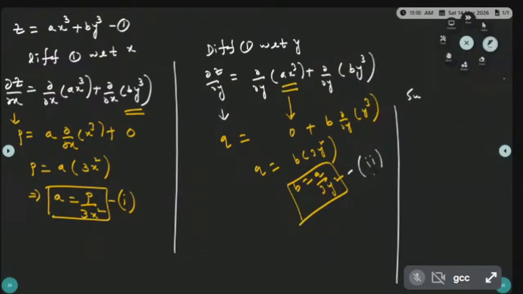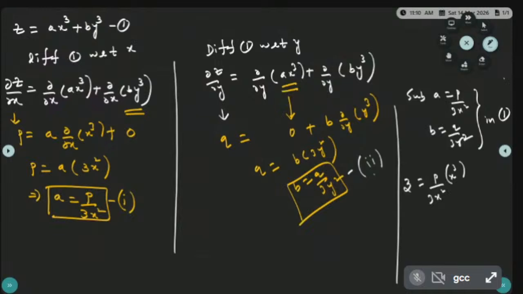Substitute a equal to p by 3x square, b equal to q by 3y square in 1. Then z equal to p by 3x square into x cube plus q by 3y square into y cube.